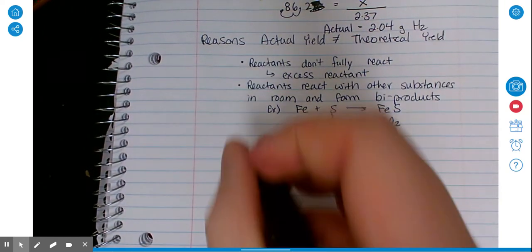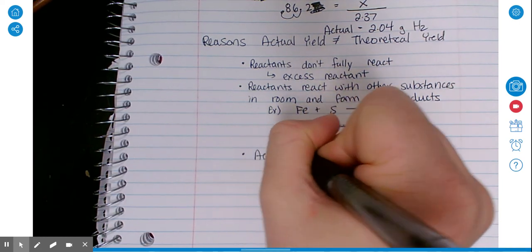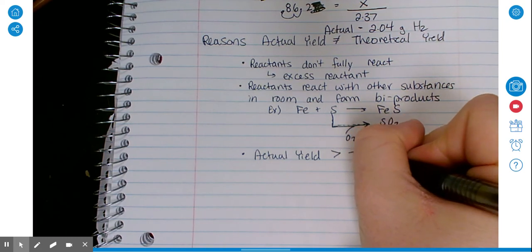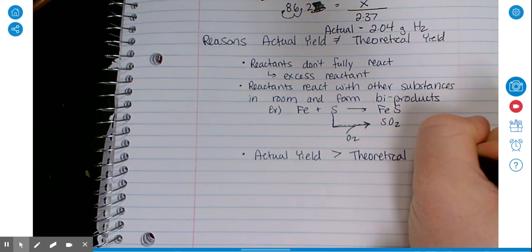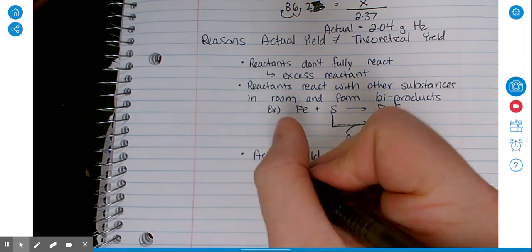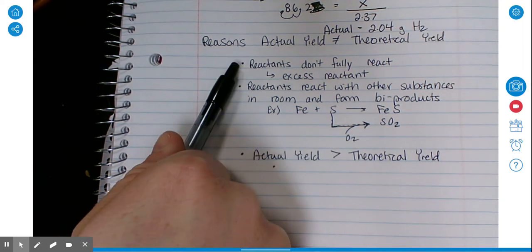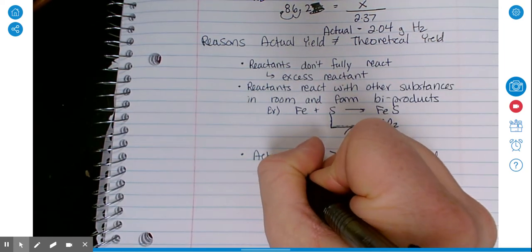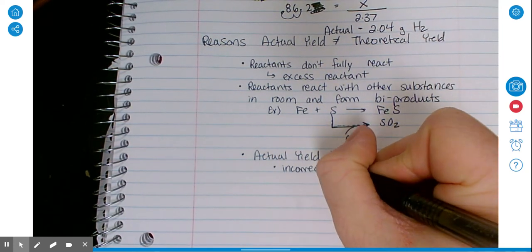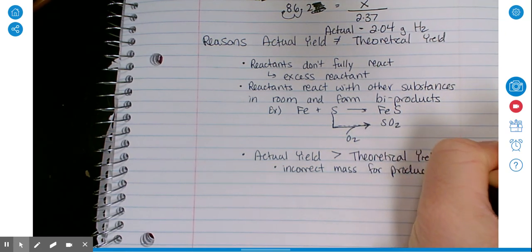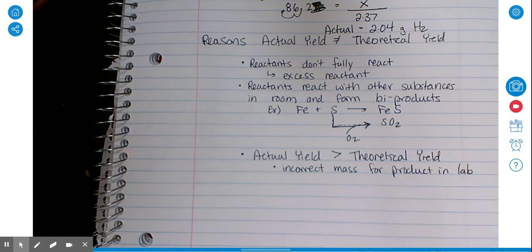If you ever get an actual yield that is bigger than your theoretical yield, refer to number 1. You are probably having some procedural, I don't want to say errors, some procedural factors which are throwing off or giving you an incorrect mass for the product in the lab.